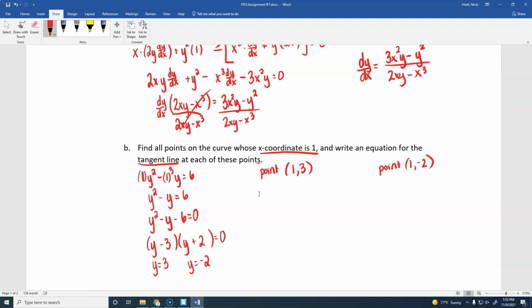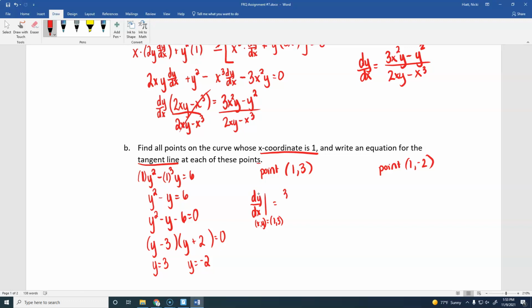Plug into the derivative, right? So it's the same. The notation's a little weird here. We've done it a little bit, but we haven't messed with this notation a lot. dy/dx such that (x, y) equals (1, 3). And then we're going to plug in 1 and 3 for our x and y.